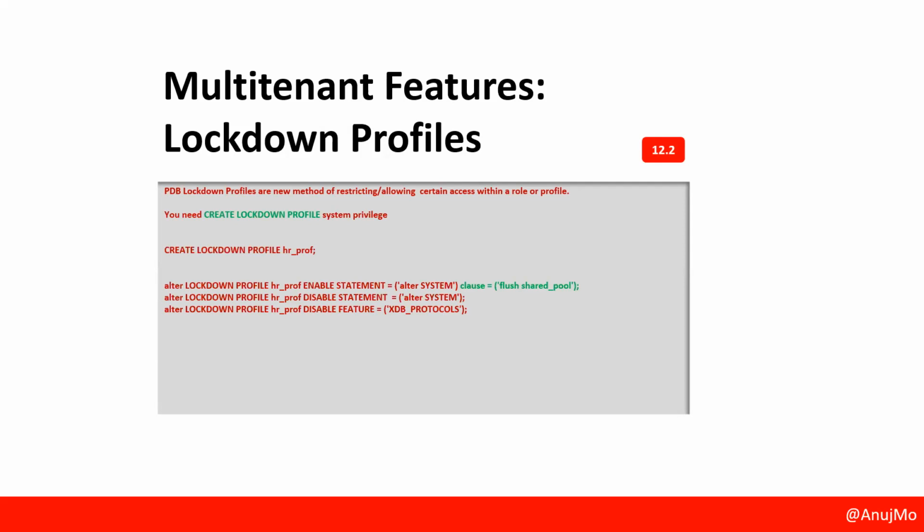So the way you can do it is you create a lockdown profile. You give the enable statement alter system with the clause flush shared pool, and then you pull back alter system. The clause will still remain, and then you assign this profile to this user, and that's it. So that was lockdown profile in 12.2.